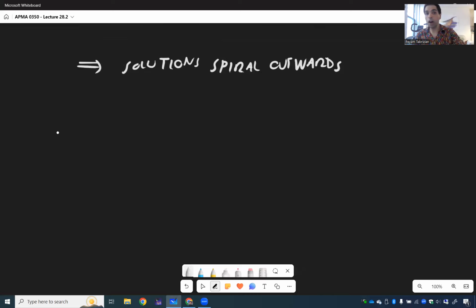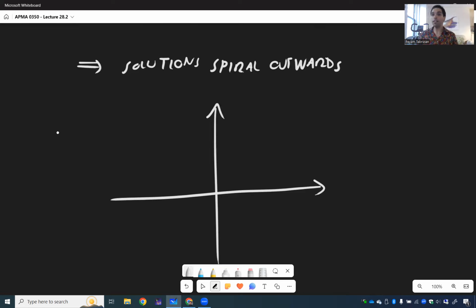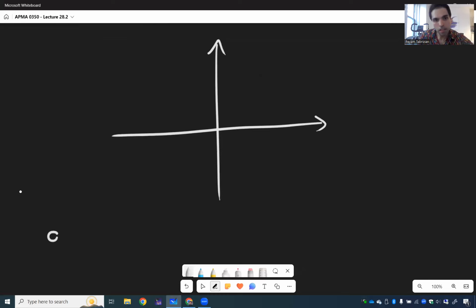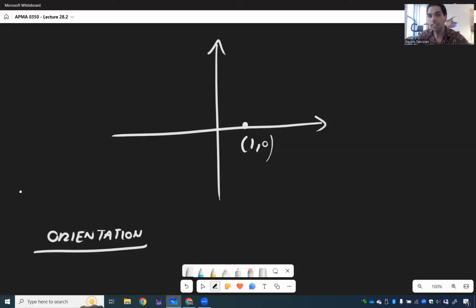And I will draw the spirals in a second, but in order to do that, we first have to determine which direction they spiral. So we need to do the orientation business. Which, I'd like to remind you, is to pick your favorite point, let's say (1, 0), and calculate the derivative at that point.